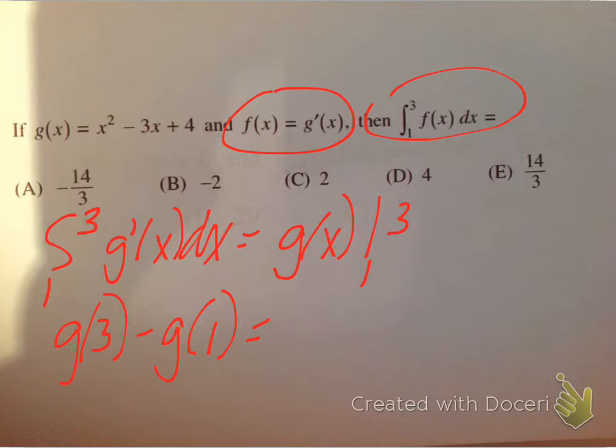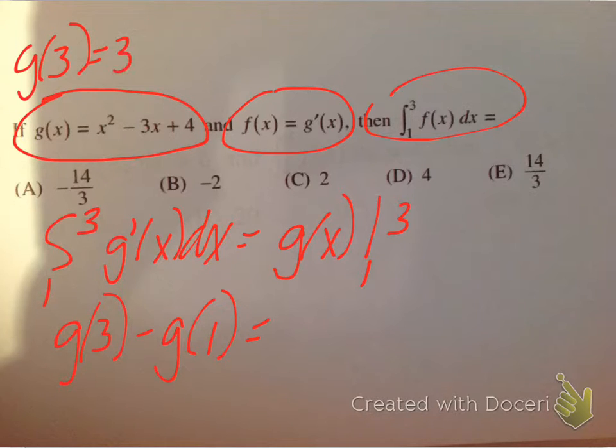So what is g of 3? Well, here's the function right here. So g of 3 will equal 3 squared minus 3 times 3 plus 4. That gives me 9 minus 9 plus 4. So that's just going to equal 4.